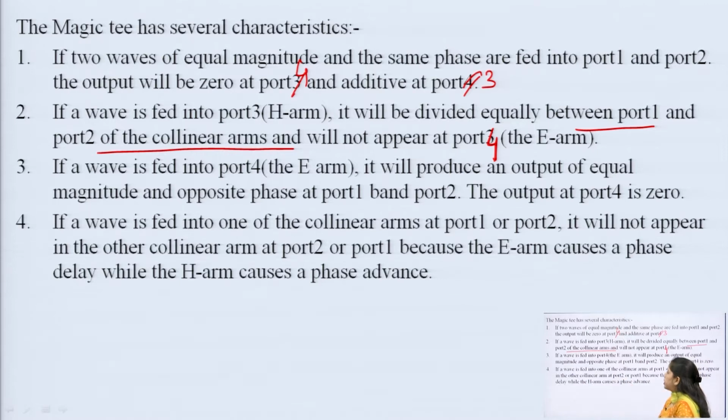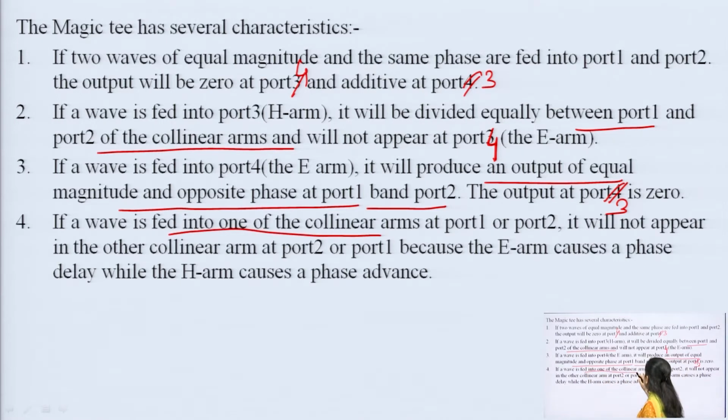And if the power is fed into port 4, which is our E arm, it will produce an output of equal magnitude and opposite phase at port 1 and port 2, and the output will not appear at port 3. And if the wave is fed into one of the collinear arms, port 1 or port 2, it will not appear in the other collinear arm, port 2 or port 1.